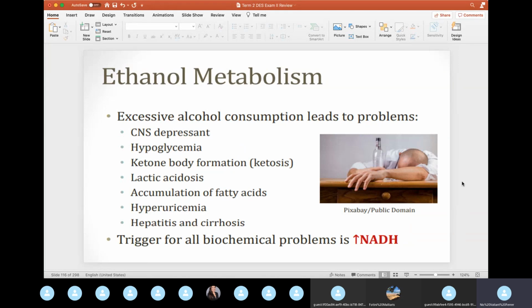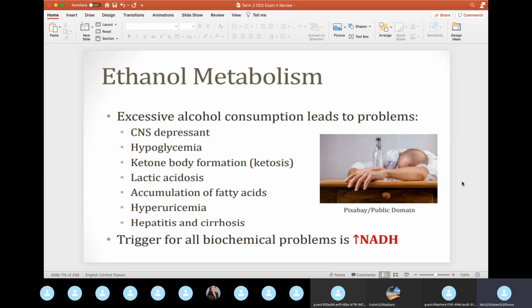Now, ethanol metabolism. If I go to breweries, right, if I binge alcohol, what happens? It can lead to all kinds of problems. Hypoglycemia, right? Why? Decreased gluconeogenesis. Ketone body formation, ketosis. Why? The TCA cycle stalls.